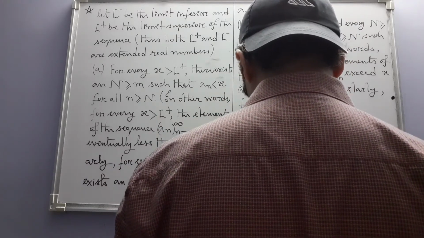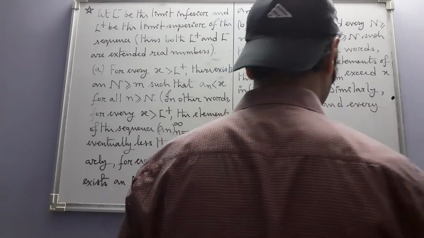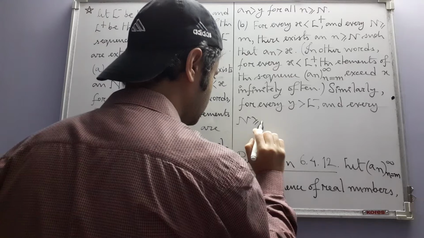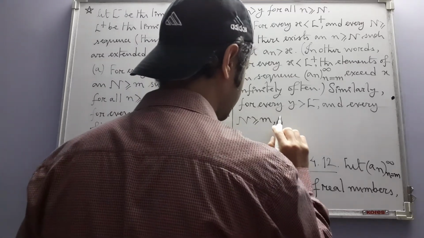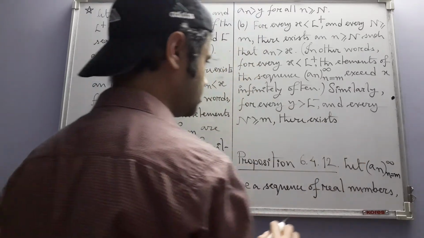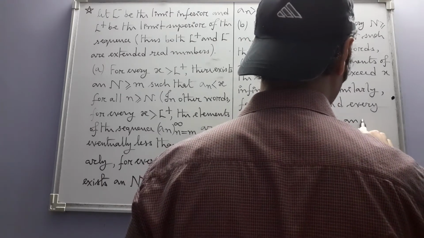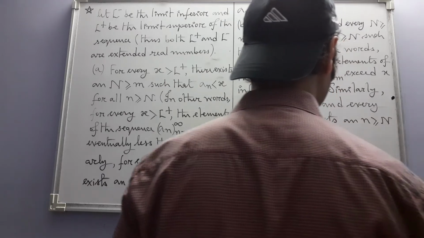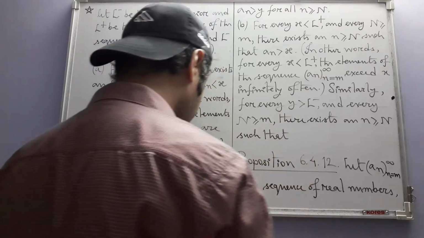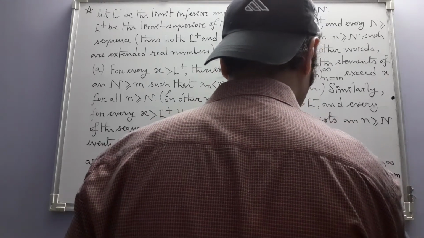So for every y greater than L and every integer n greater than or equal to m, there exists an n greater than or equal to n such that an is less than y.